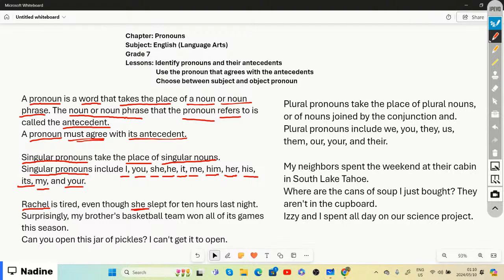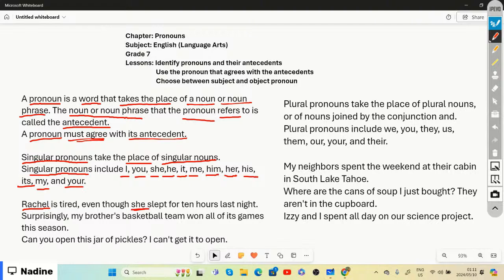That noun that we are talking about is the antecedent, and the pronoun must agree with our antecedent. So she refers to Rachel. So we say, Rachel is tired even though she slept for 10 hours last night.